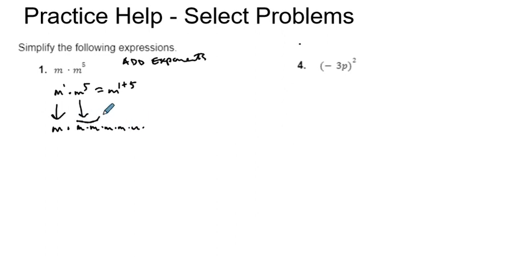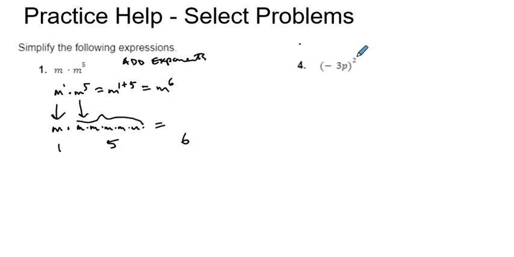So you've got 1 here and 5 here, you add them up, and you have a total of 6. So it's m to the 6th power, which we can get just from adding the exponents and not going through all this. The whole idea is to give you a shorter, more direct route.